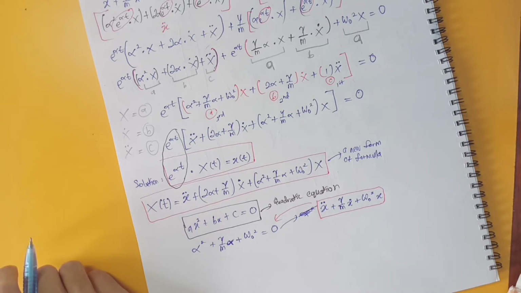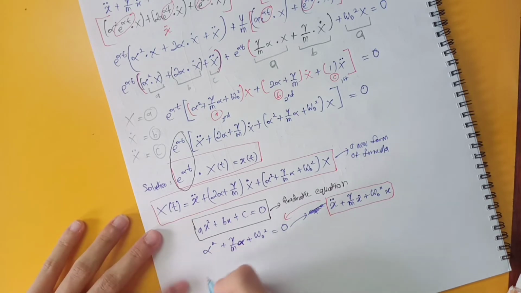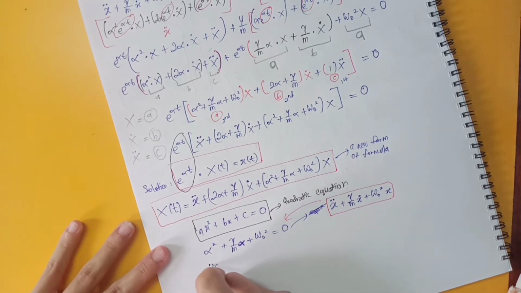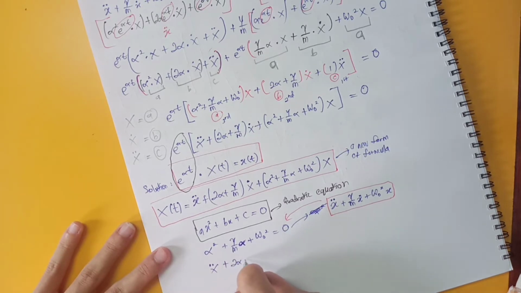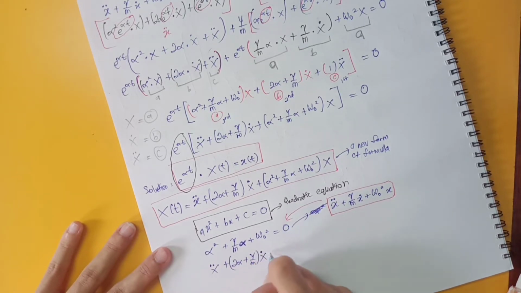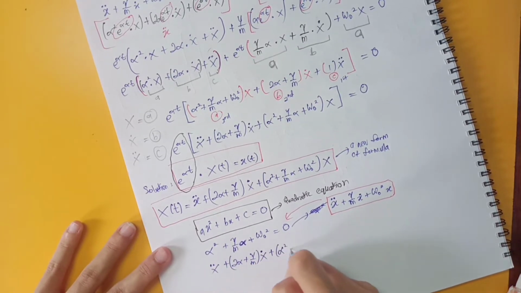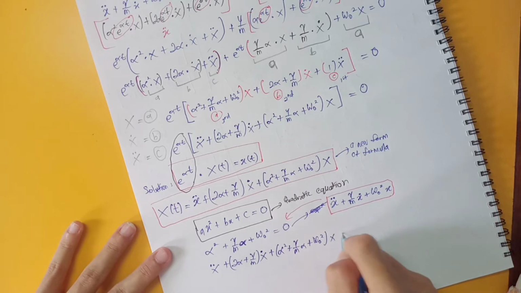So what happens here is that alpha squared is equal to x double dot, and then plus 2 alpha plus gamma over m x single dot plus alpha squared plus gamma over m times alpha plus omega naught squared, which is x, equal to 0.